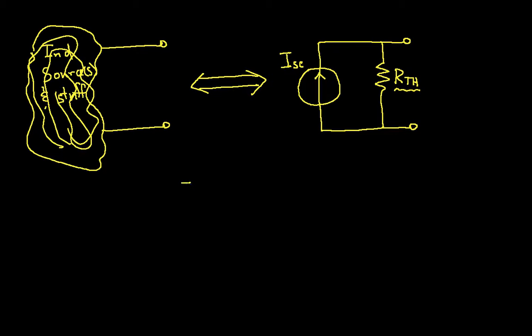You find the short circuit current, which again you get by shorting the two terminals. You find the open circuit voltage, which you get by leaving the two terminals open.